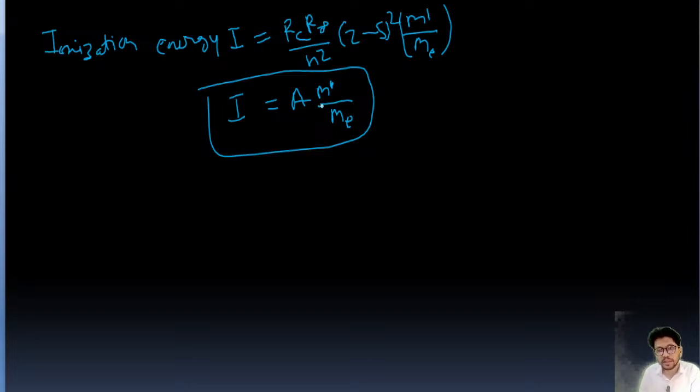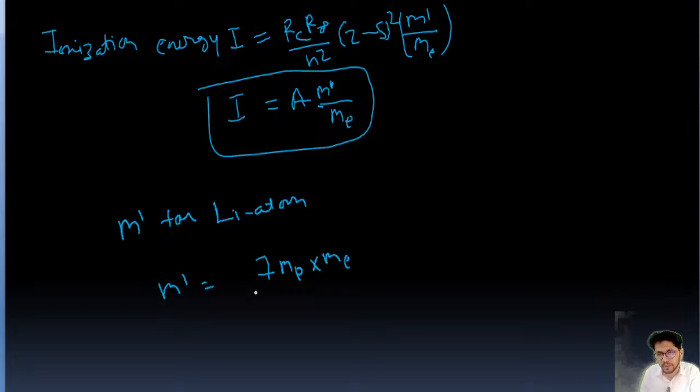So M dash is the reduced mass. Now we will find out the reduced mass M dash for the normal lithium atom. M dash equals 7 Mp, that is proton, into Me, mass of electron, upon 7 Mp plus Me, because the atomic number of lithium is 7.